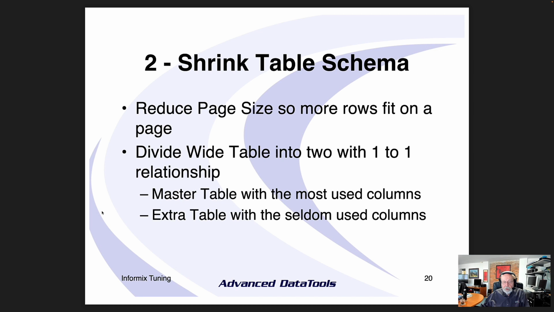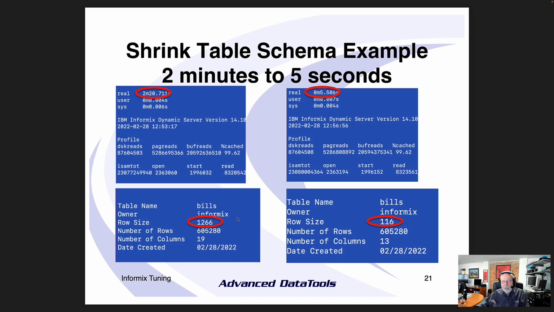One key thing, though, I want to point out that I've done a lot is, if I have a big table, like a customer table, and I've got a core set of columns that are used all the time, and then everything else is sort of extra, not really used, create 2 tables. One is a master table, and the other is the extra table.